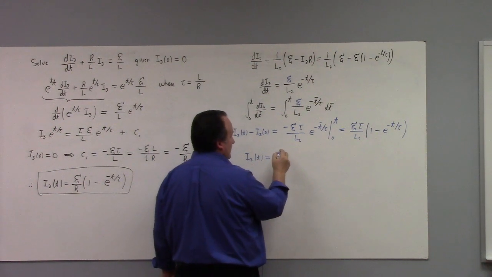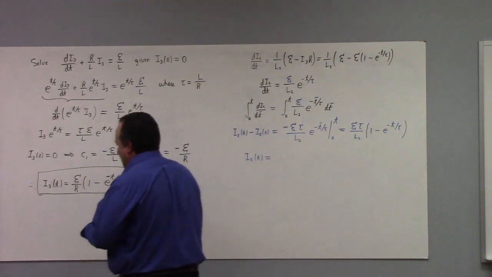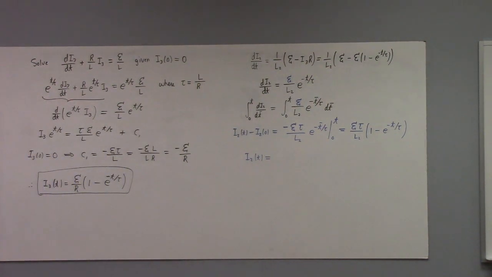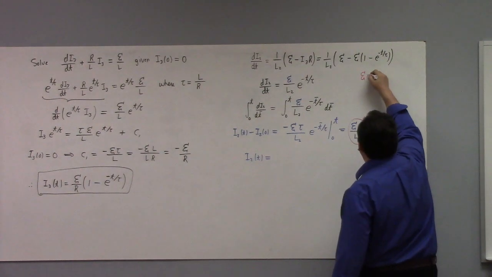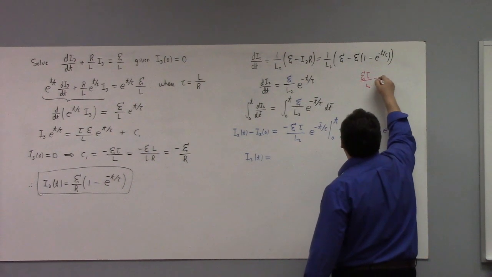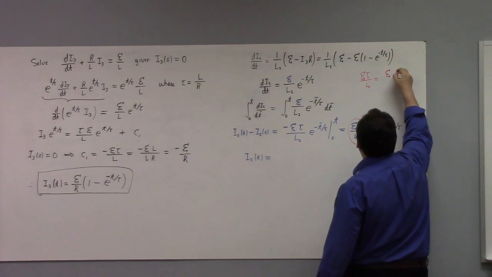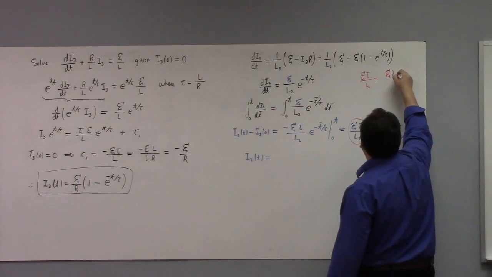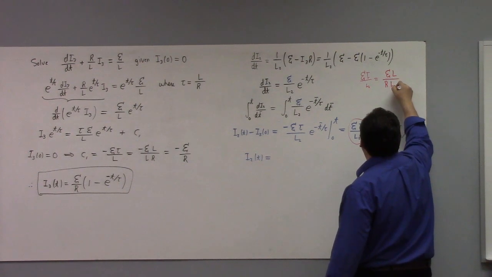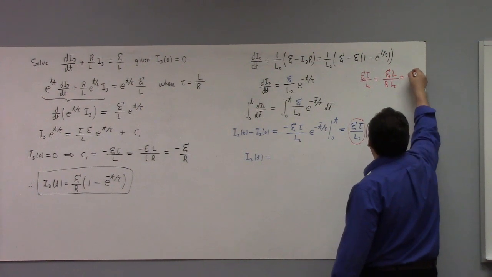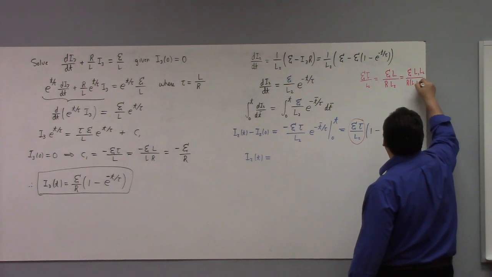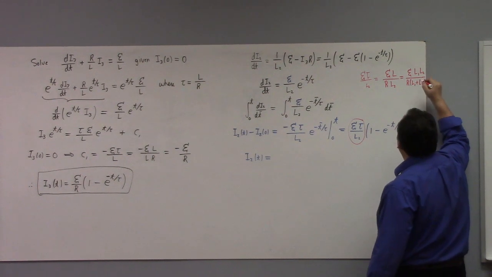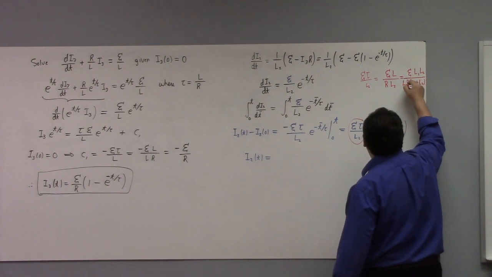Epsilon, what is epsilon? Let me write down this mysterious epsilon tau over L term. What does that actually mean? We got epsilon tau over L2, which is epsilon, tau was what? It was L over R, right? But that is epsilon L1 L2 divided by R times L1 plus L2, and there's an L2 downstairs.